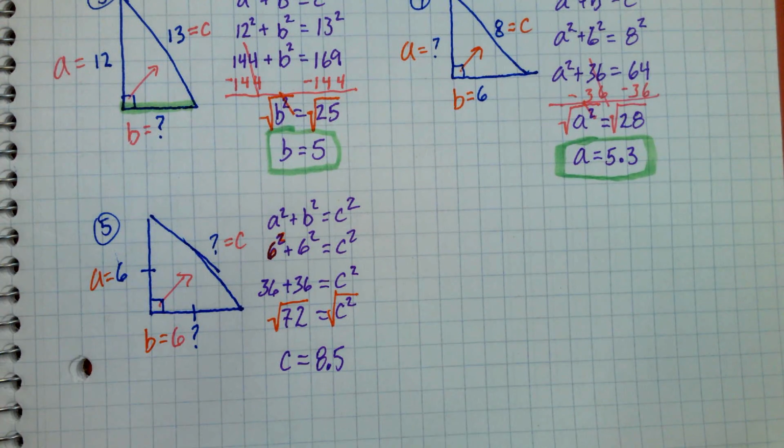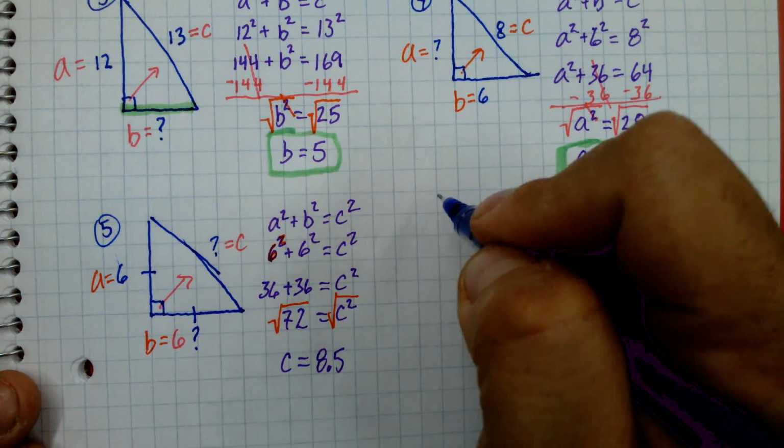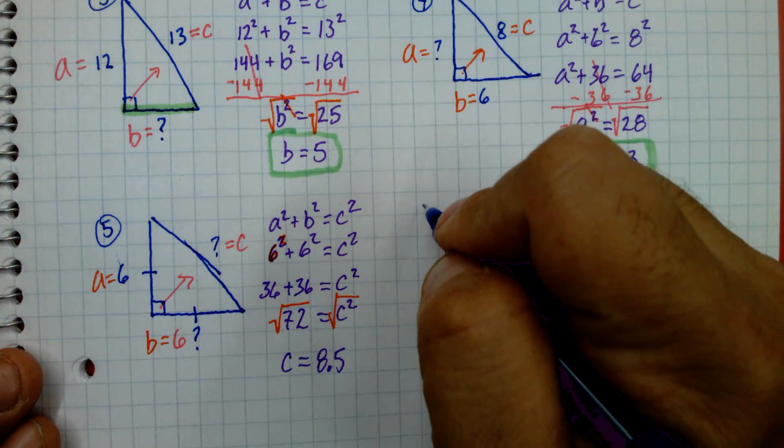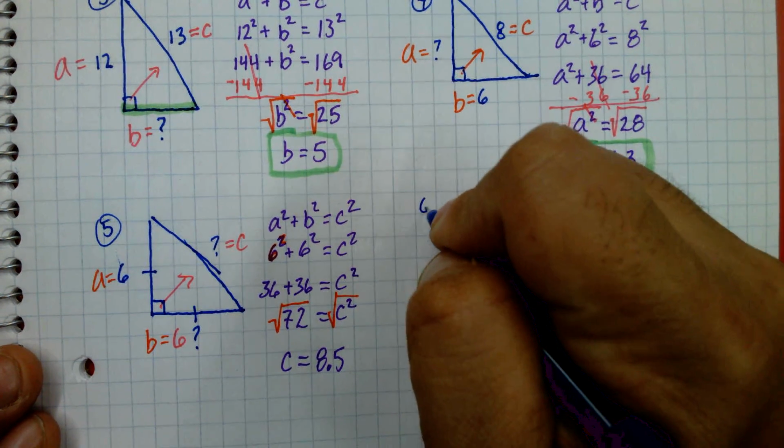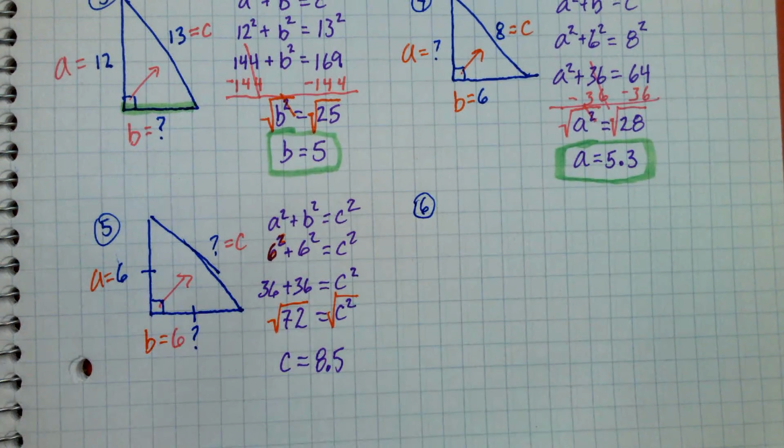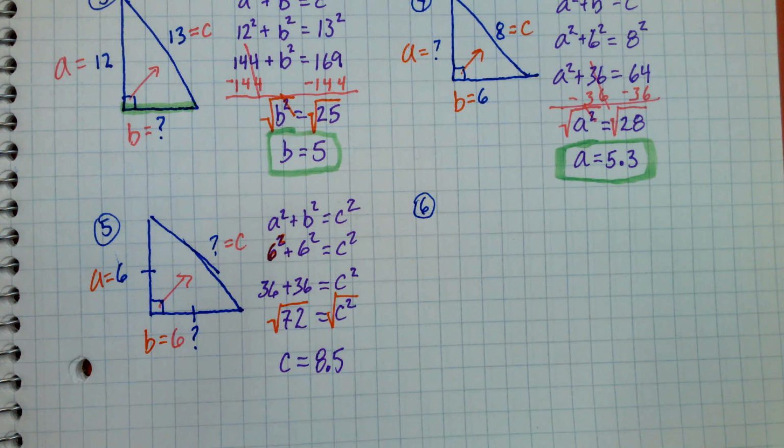Okay, so let's do one last problem. This one's going to be more of an application-based question. So number 6. Let's say I was looking at a Chromebook for one of my nieces, and she's taking an accounting class.